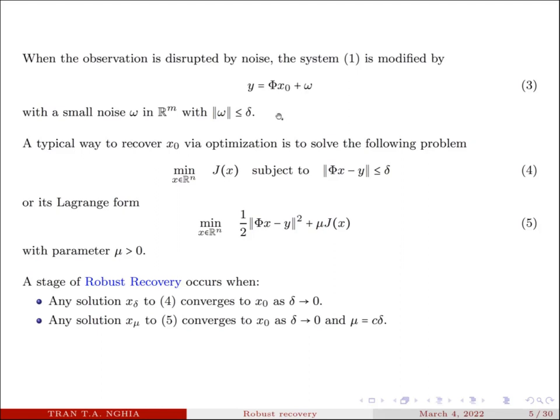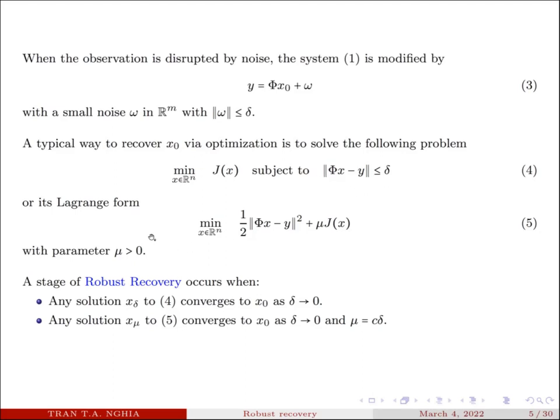So the idea is we still consider optimization problems, but instead of the equality, they use an inequality, and it makes a lot of sense because Phi x minus y represents the noise, and the noise is very small. That makes the norm of that noise less than or equal to delta. Okay, this is an inequality constrained optimization problem, and people have many ways to remove this constraint.